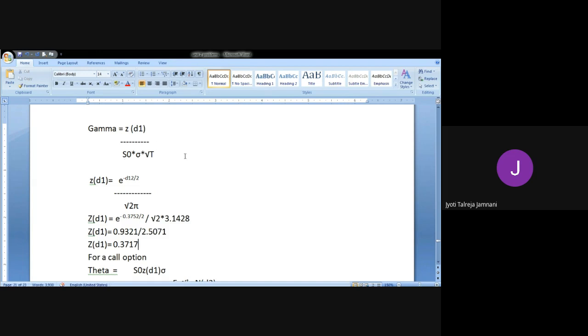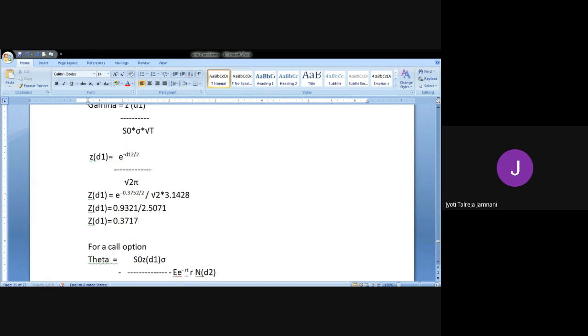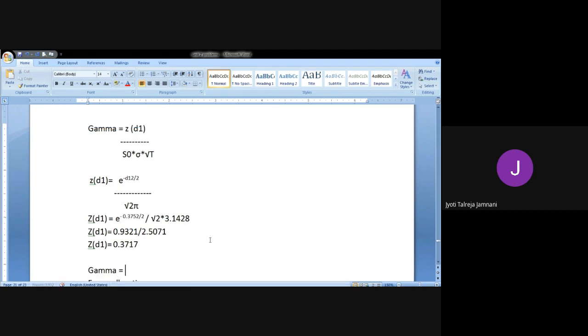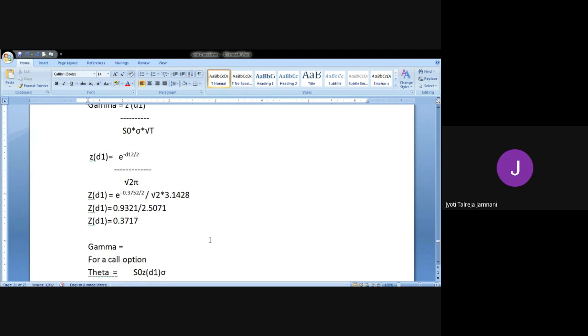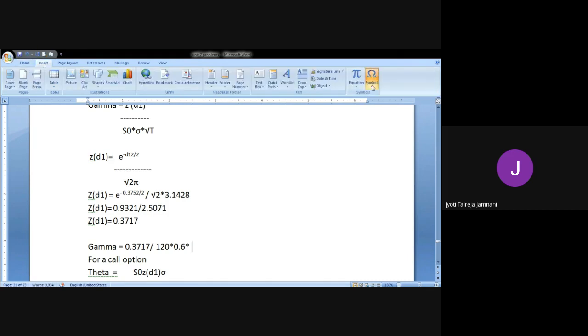Now we can find the gamma value. So gamma is equal to Z(d1), which is 0.3717, divided by S0 120 into standard deviation 0.6 into square root of T. That is 3 divided by 12.